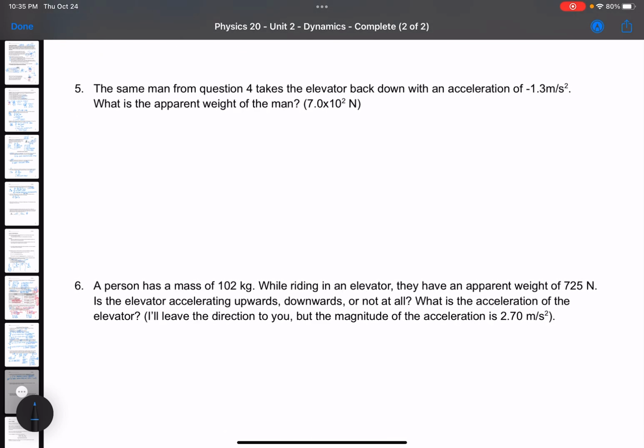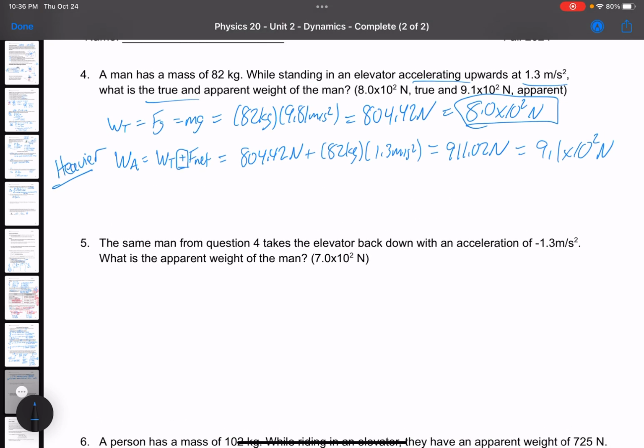All right, number 5, the same man from question 4. I'm going to zoom that so we can see it. He takes the elevator back down with an acceleration of negative 1.3 meters per second squared. What's the apparent weight? Well, I can just use this calculation here, except this time I need to subtract, because remember, when you're accelerating downwards, you're going to be lighter. So you take the true weight and you subtract the F net.